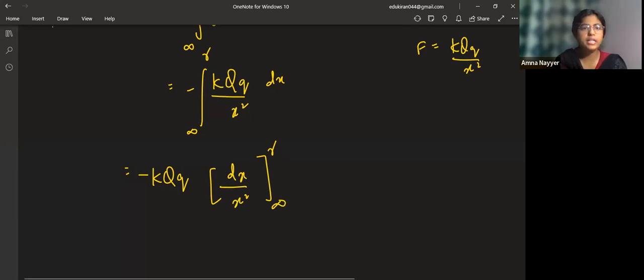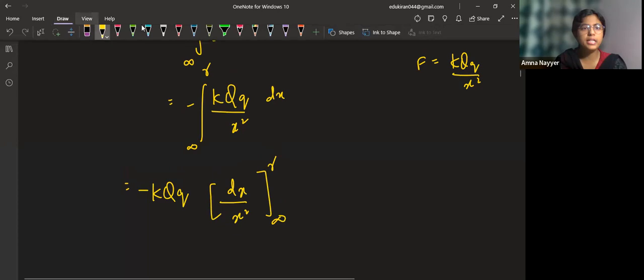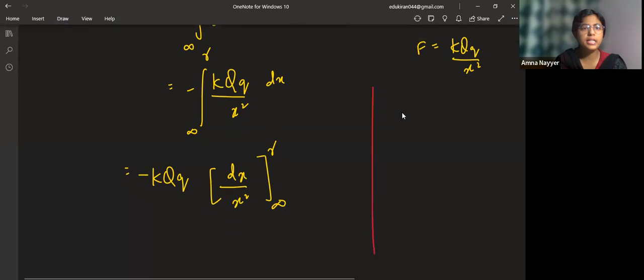How will we integrate it? We have discussed this question, and we have seen it today also. Write it as x to the power minus 2. If you write it as x to the power minus 2, it becomes easier.